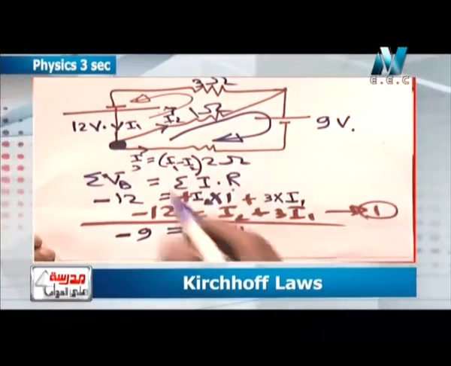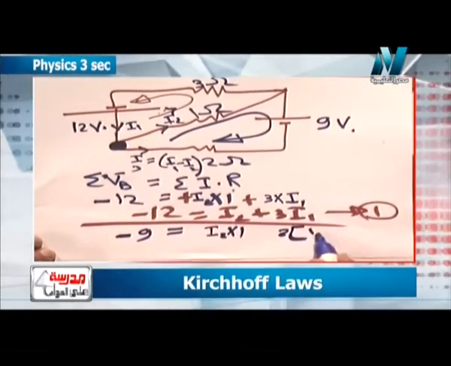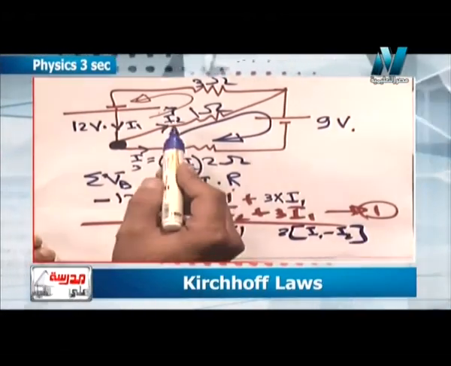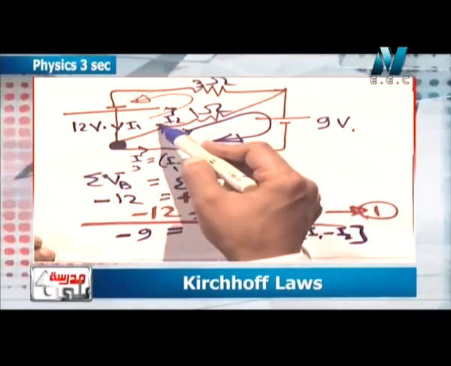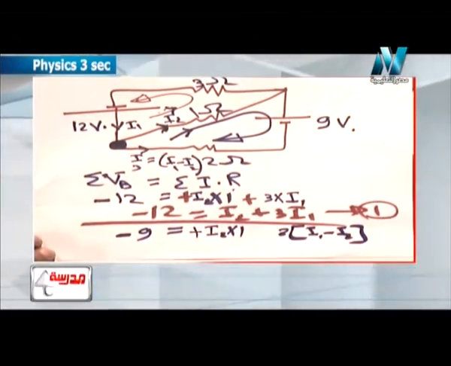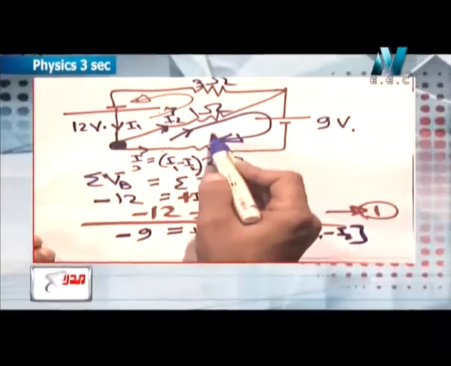I3 times 2, but I3 is I1 minus I2. I2 is with the loop, in the same direction as the current, so I2 is positive. What about I3? I3 goes right, the loop goes left. Pay attention.